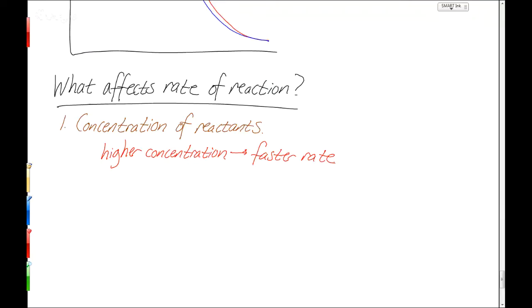Okay. Second thing, the surface area or the particle size of the reactants. I mentioned when we were talking about reaction types and the states that we don't see a lot of reactions between solids and solids.